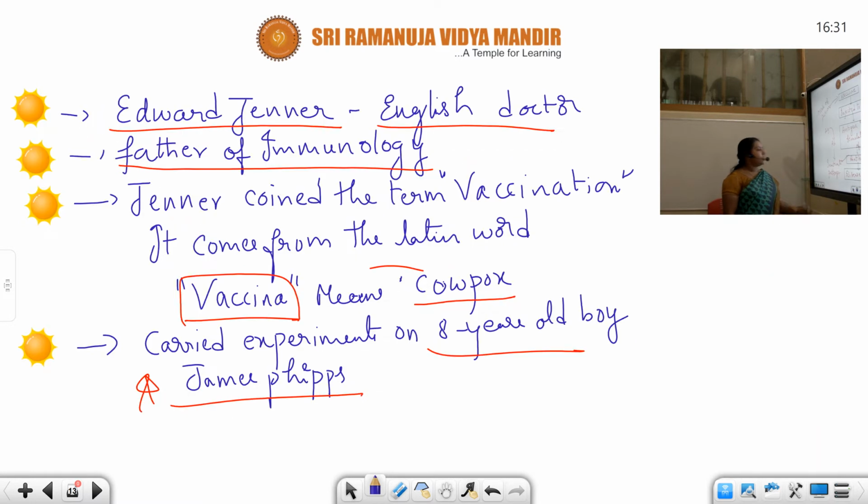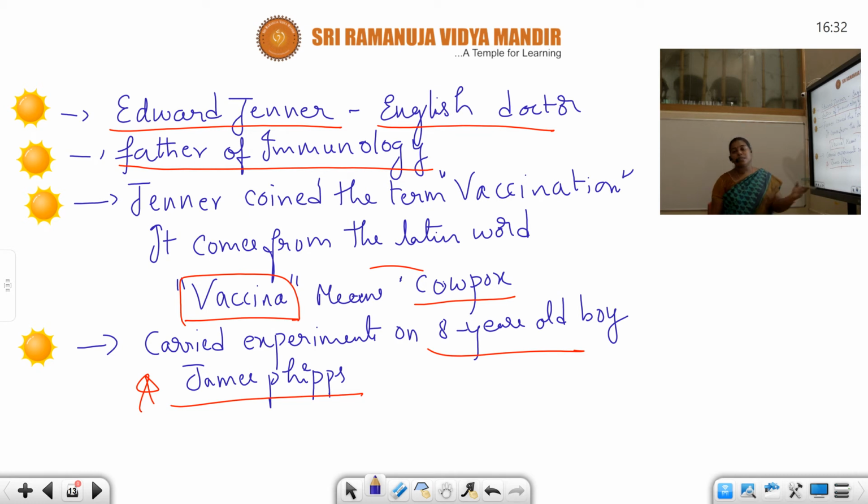Actually, first he noticed that the people who suffered with cowpox were not getting smallpox. Then he observed all these things, so he prepared to carry out the experiment on the 8 year old boy, James Phipps. He gave him the cowpox vaccine, and the boy got just a slight fever. After some time, Edward Jenner again introduced the smallpox virus into the boy's body.